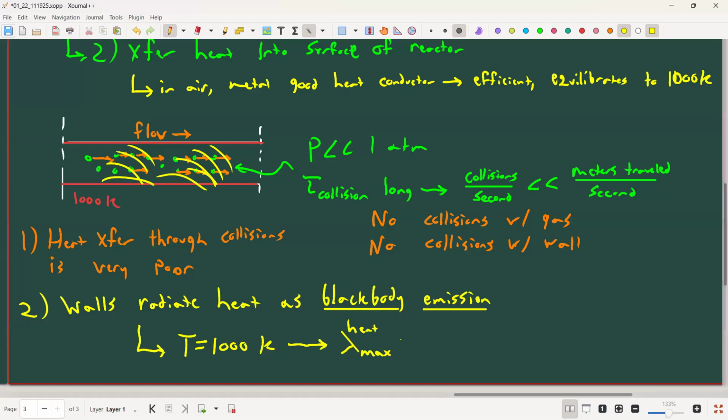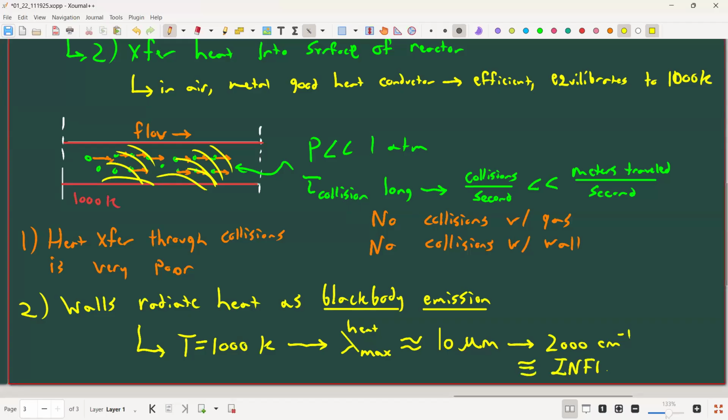It gets emitted as light, is around 10 microns. So the wavelength's about 10 microns. That's 2,000 inverse centimeters of energy, which is infrared, the far infrared.